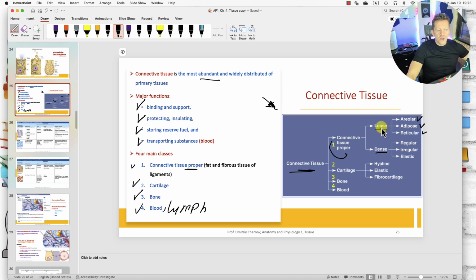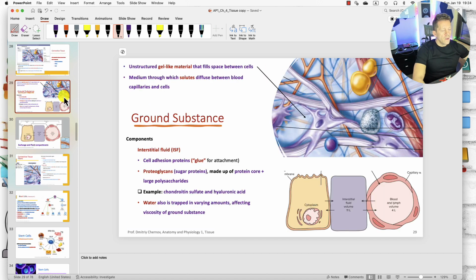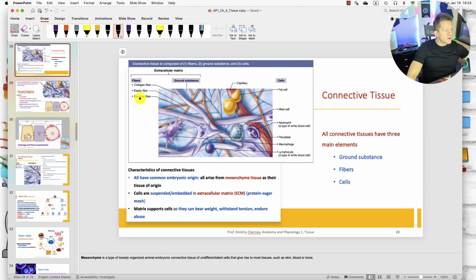For example, with the loose connective tissue, the fibers are kind of away from one another, and there's a space in between. Remember, in class we discussed the matrix and the ground substance. Here are your fibers: reticular fibers, elastic fibers, and collagen fibers.